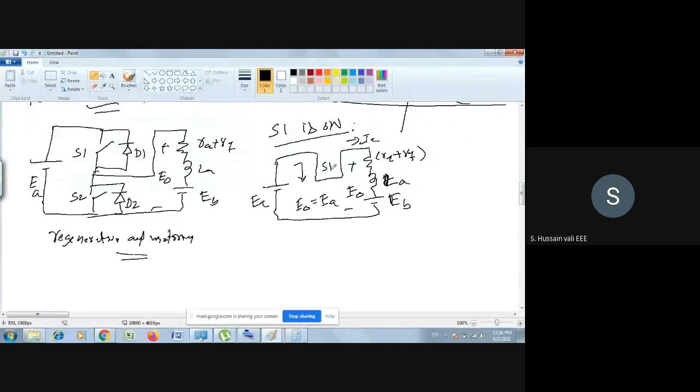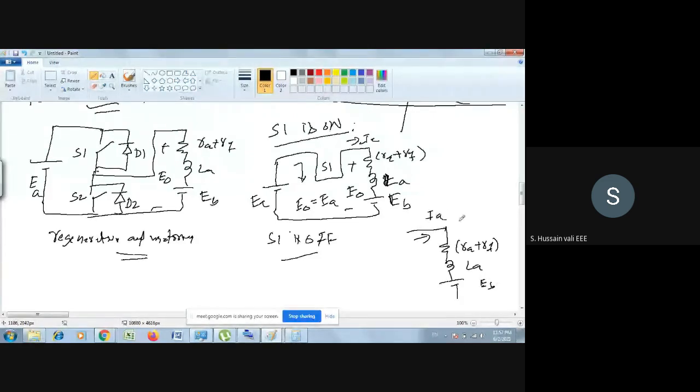So when S1 is off, we find that the direction of the current will remain same. RA, RF, LA, EB, this direction will remain same.